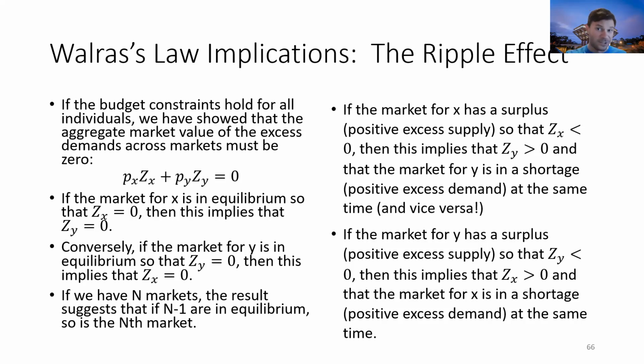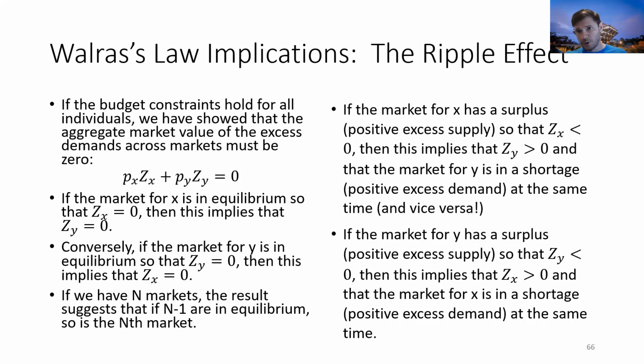But if n minus one markets are in equilibrium, then all of them have to be in equilibrium. So if you had three markets and two of them were in equilibrium, that would guarantee that the third one would have to be in equilibrium as well. That is correct.